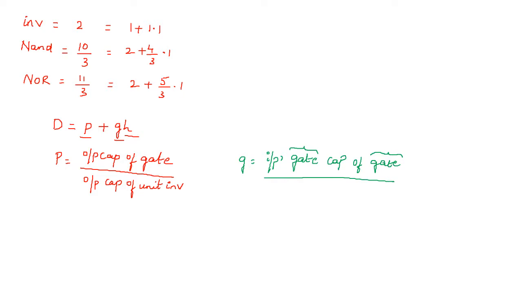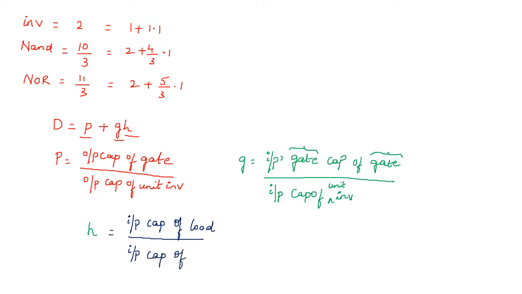It is divided by the input gate capacitance of a unit inverter. H here is nothing but the fan out. H is the input capacitance of the load divided by the input capacitance of the gate under consideration.